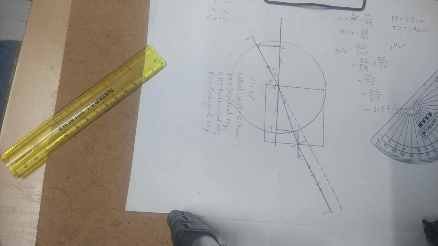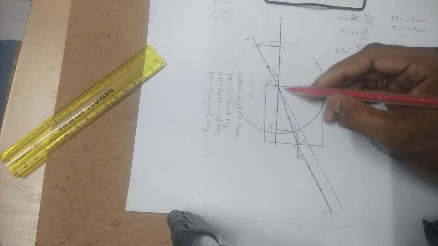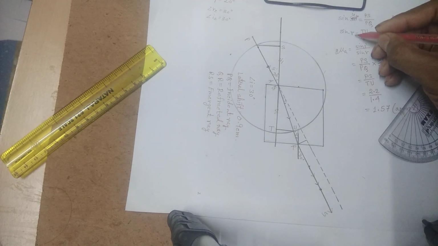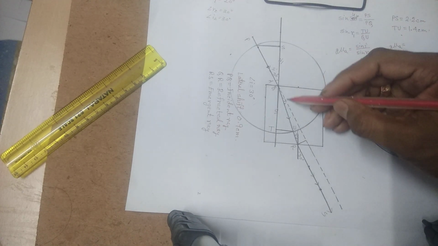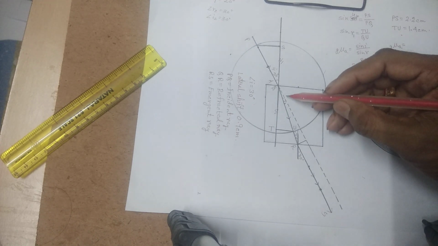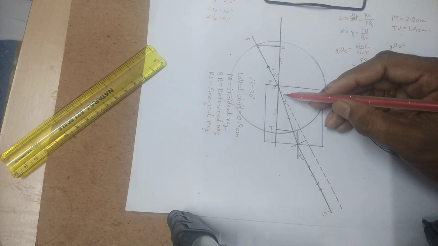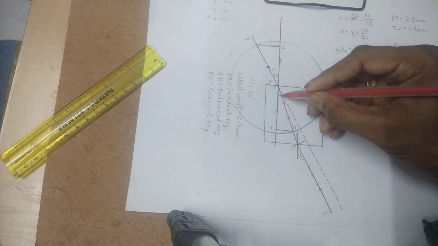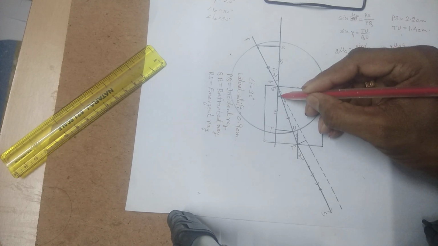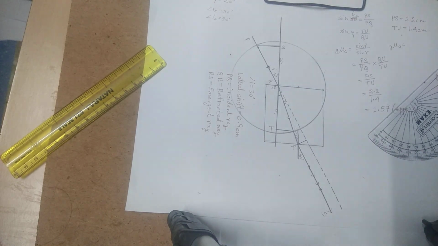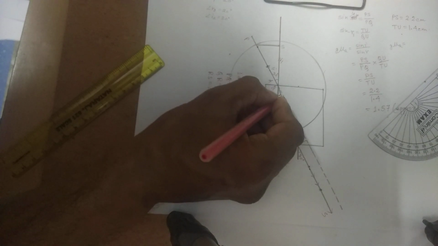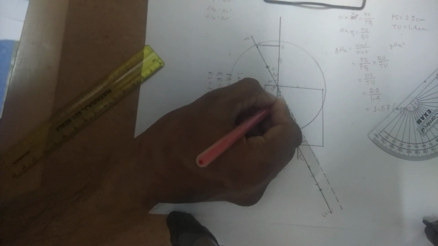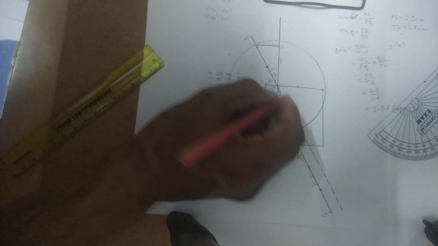And sin R1 means this one. This one is sin R1. You see, this one is sin R1. Refracted, not this angle, but we are finding this one as R1, right?